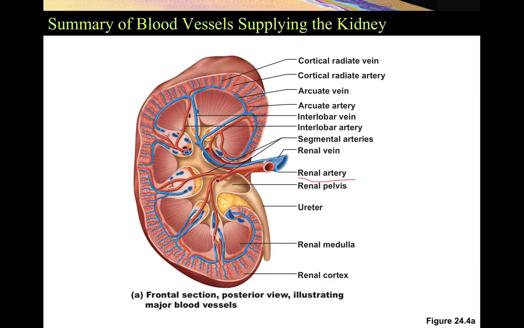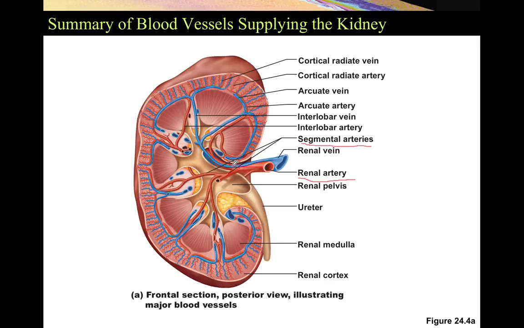If you continue the renal artery, you notice that it starts to branch right here and then right here, and then you can see the branching. So this is the main branch, and then you get this branch and this branch over here. The immediate branching of the renal artery is referred to as the segmental artery.